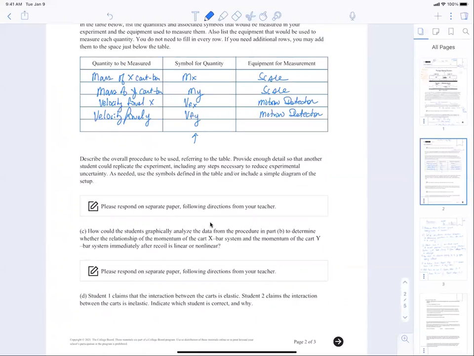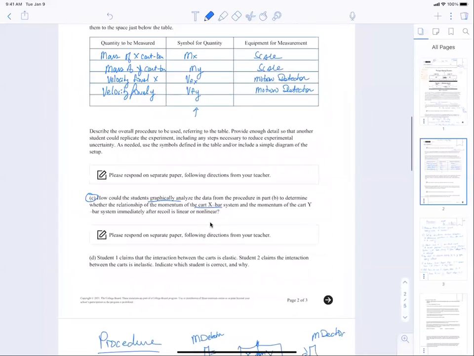All right. How would you graphically analyze the data from the procedure in part B? So I want to know, how do I graphically look at this data to determine a relationship of the experiment?